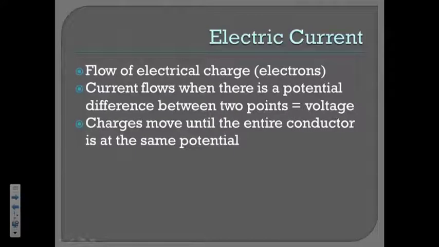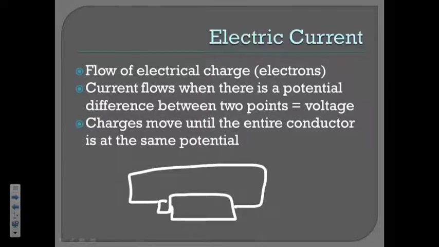So, charges move until the entire conductor is at the same potential. Remember our battery that we had, and there's a wire connected to it. Whenever those electrons are flowing through the battery, like so, at some point there's going to be the same number of electrons on each end of the battery.